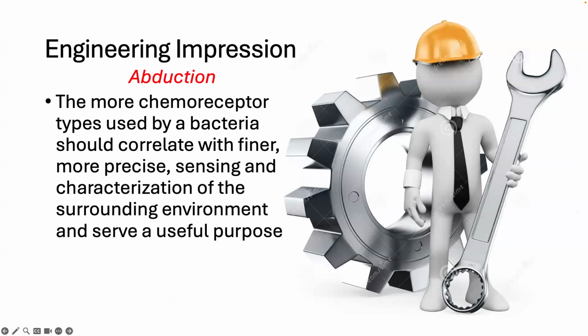Okay, this is going to be the first of two times I'm going to use this. What's an engineering impressionist? So I'm trying to apply engineering towards a biological system. And so what I would tend to think is the more chemoreceptor types used by a bacteria should correlate with finer, more precise sensing and characterization of the surrounding environment and serve a useful purpose.